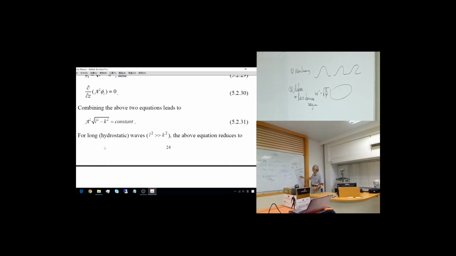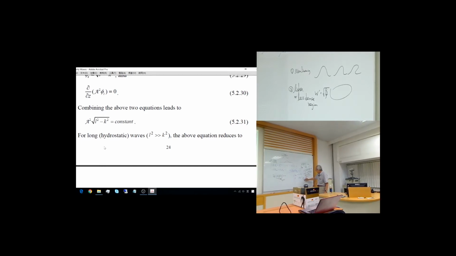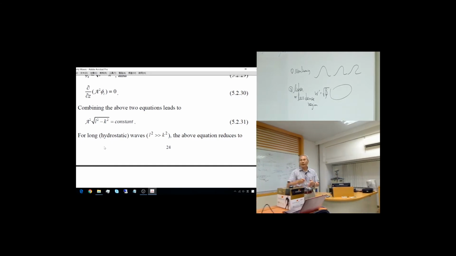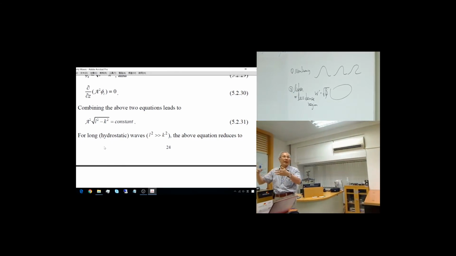When you assume this, that means it's kind of a long wave, or kind of a hydrostatic wave. So keep those amplification mechanisms in mind. Now you've learned mountain meteorology. Those are important concepts. You may forget some details of the mathematical manipulation, but those important concepts you have to keep in mind.